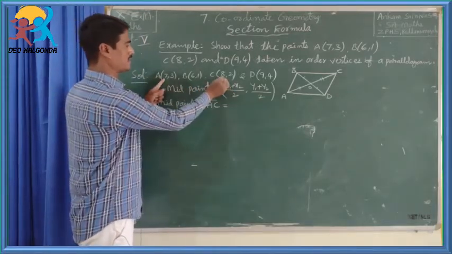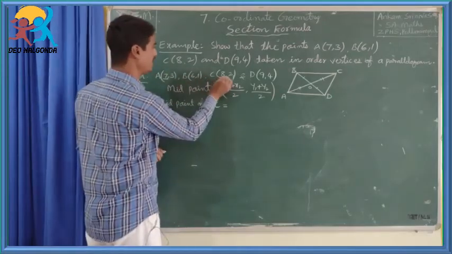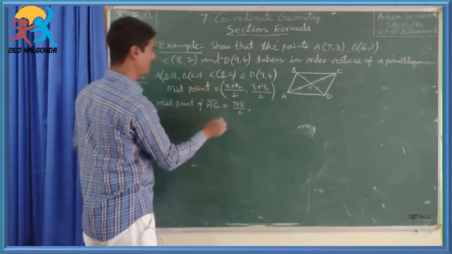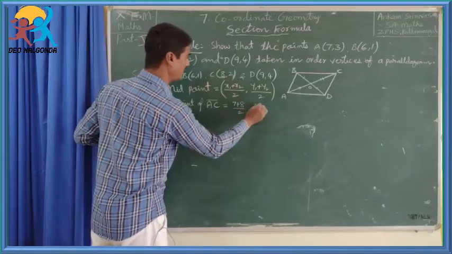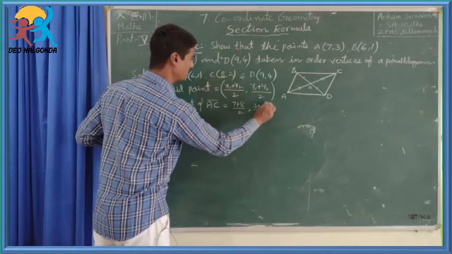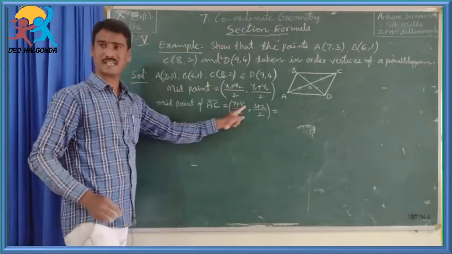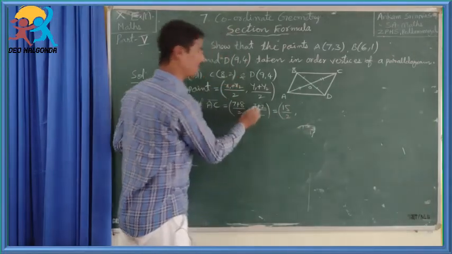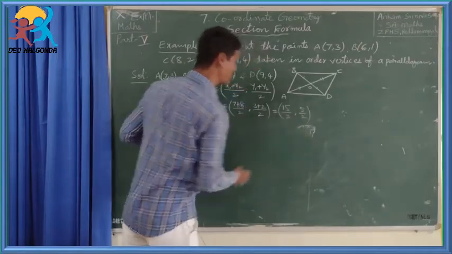Sum of first coordinates: here 7, here 8. So 7 plus 8 by 2, comma, and y coordinates 3 plus 2 by 2. How much will we get here? 7 plus 8, 15 by 2, and 2 plus 3, 5 by 2.